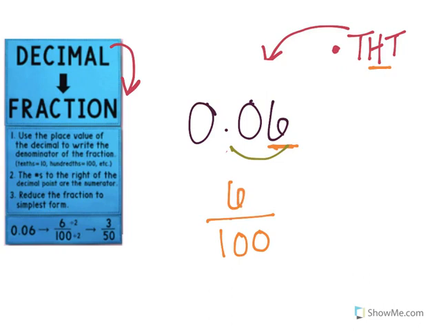So we always need to ask ourselves, is this in simplest form? I know that there is at least one factor that goes into both 6 and 100, and that is the factor of 2.